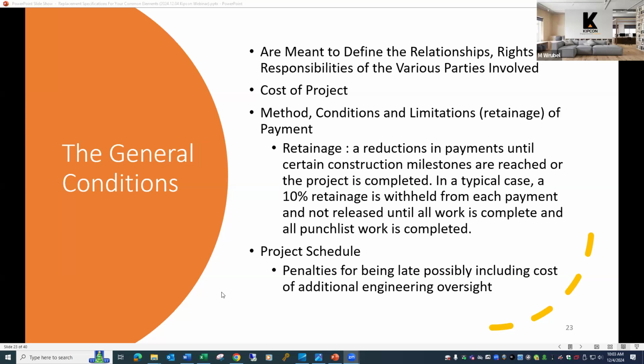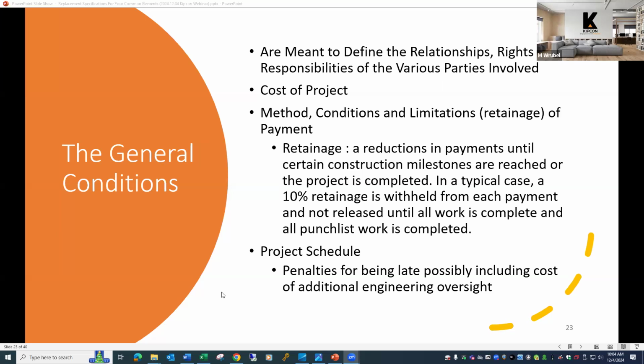For example, what would be the duration of the project is a typical question asked during the bidding phase, and the contractor may say something like 30 days or 15 working days, to give the owner an idea of how long they will be on site to complete the project.